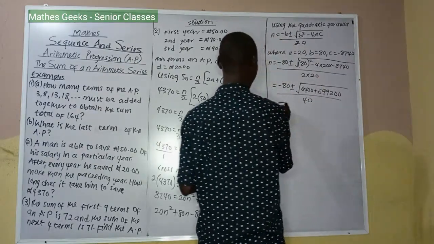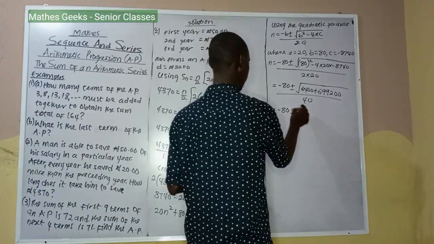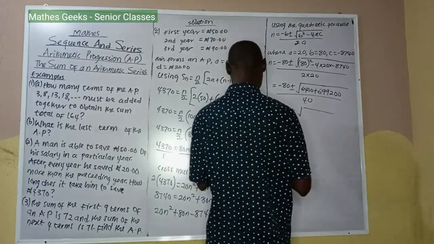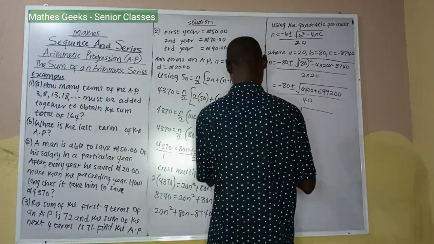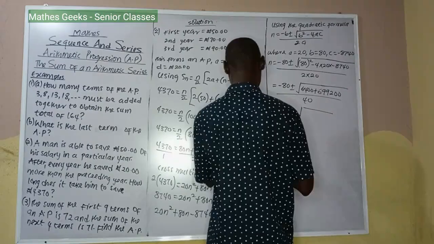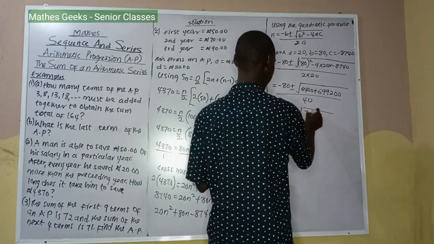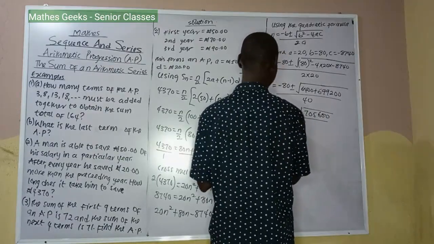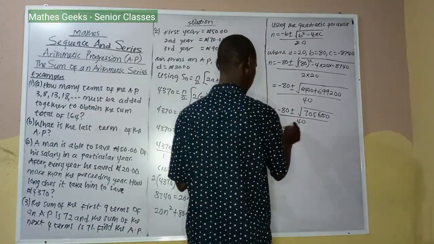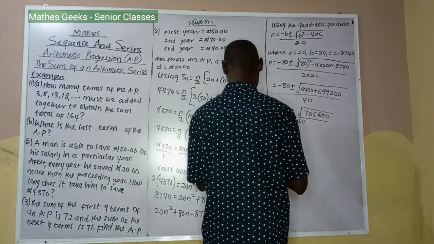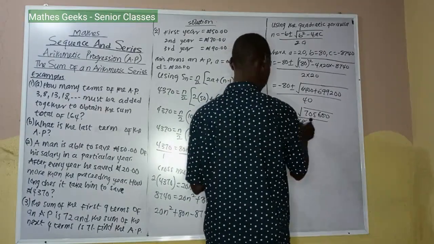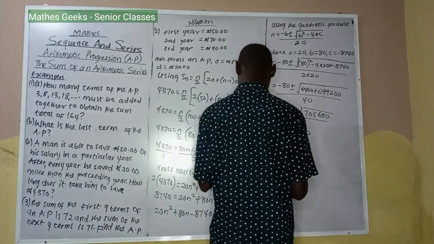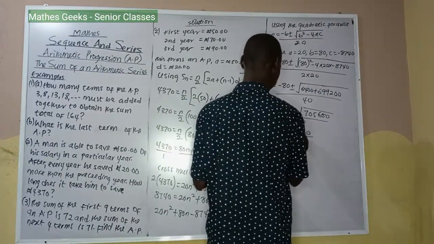So minus 80 plus or minus the square root of, adding it to 6,400, 705,600, divided by 40. So minus 80 plus or minus the square root of 705,600, which is 840, divided by 40.